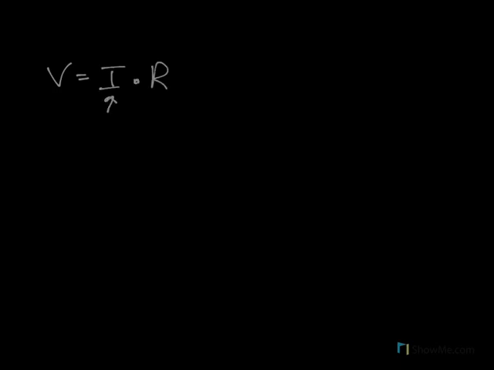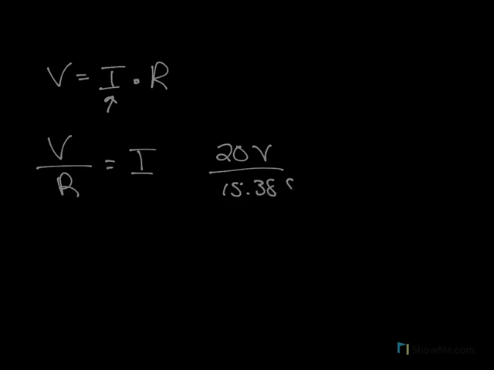If I want to solve for that, I'm going to take the voltage divided by the resistance to give me my current, and that means I'm going to take 20 volts divided by 15.38 ohms, and I'm going to get something like 1.3 amps or amperes.